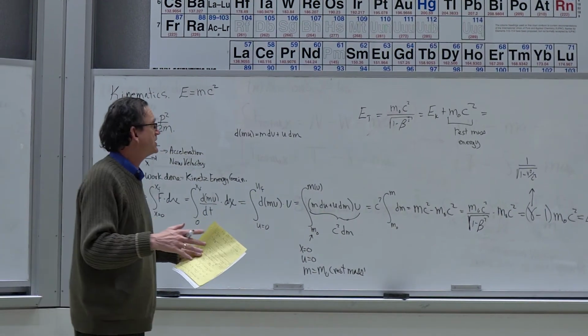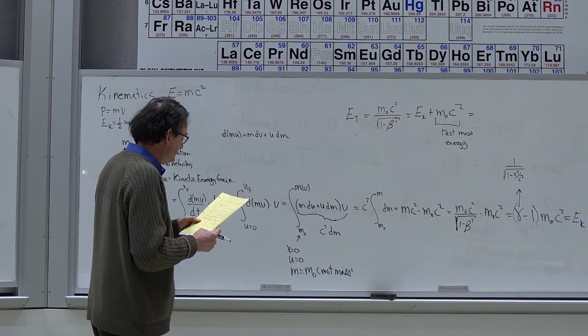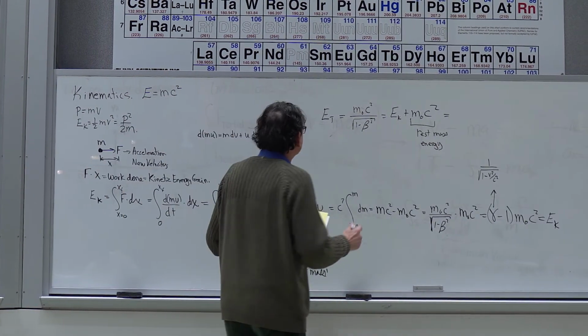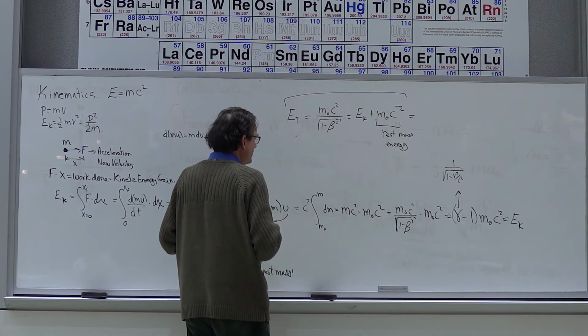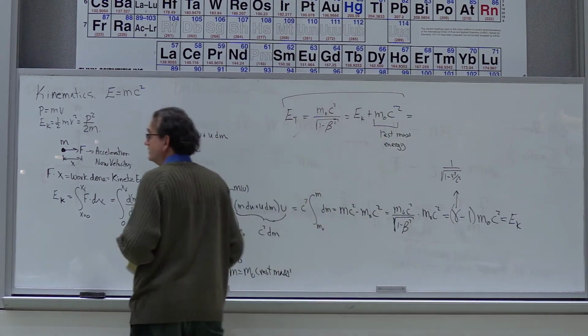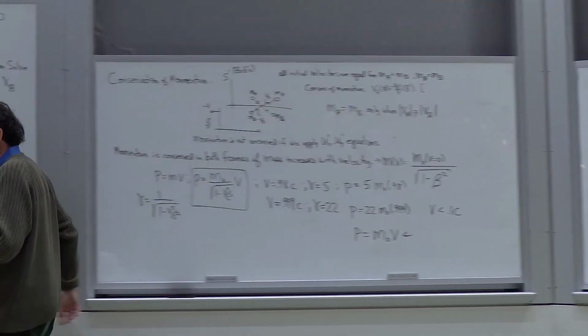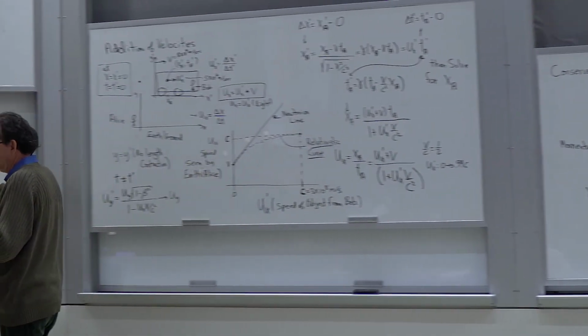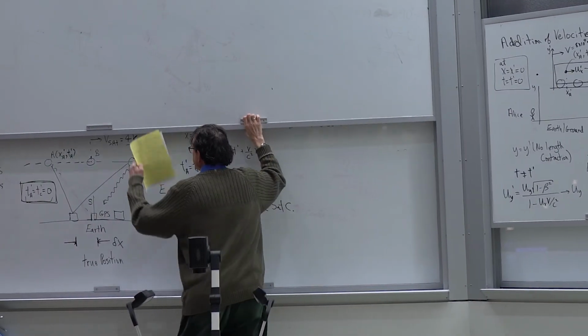Okay? So this is just another form of the kinetic energy. This is the new expression that relates the kinetic energy and the total energy. Okay, so one last thing is: how do we relate momentum and kinetic energy?